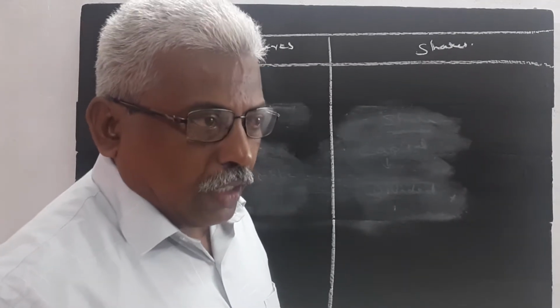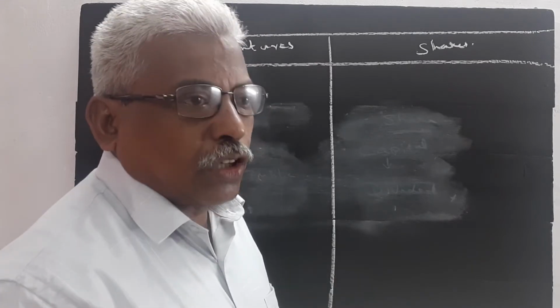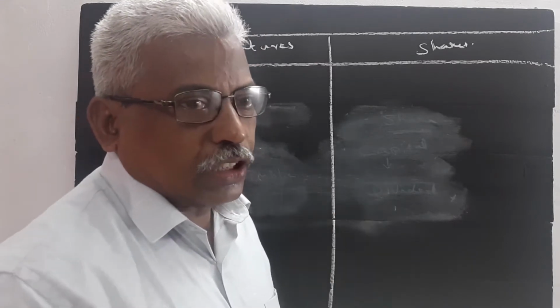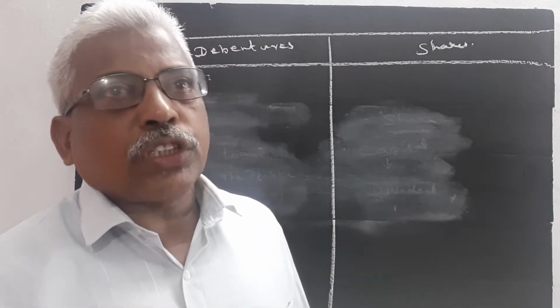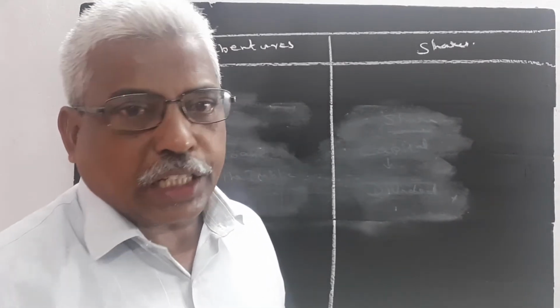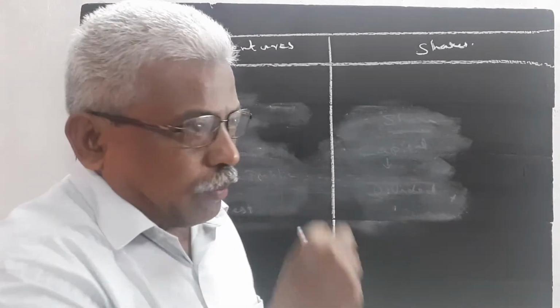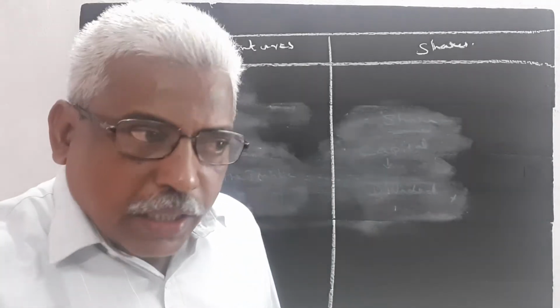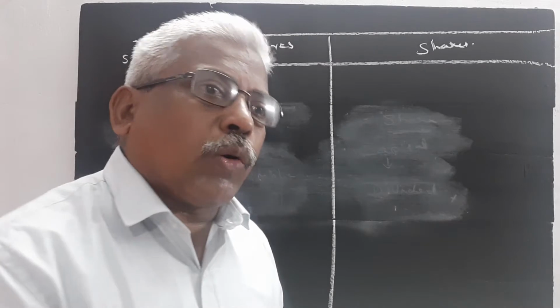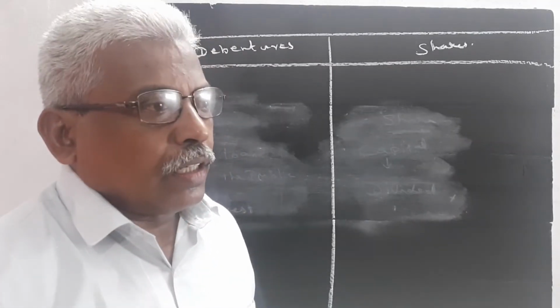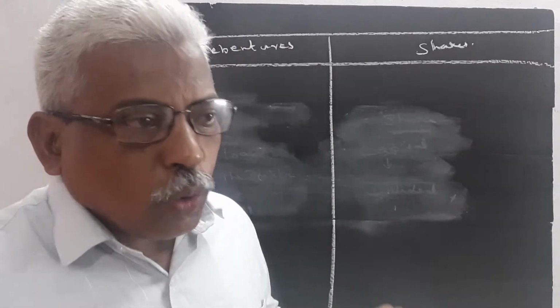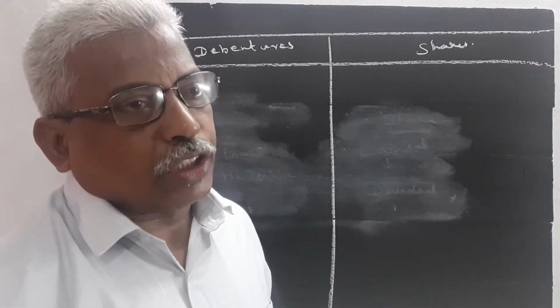In the initial classes we studied that the amount invested by the proprietor in the business is called capital. But in a joint stock company, the capital is invested by the shareholders. The capital is collected from the public, so it is a joint ownership business. That's why it is called a joint stock company.